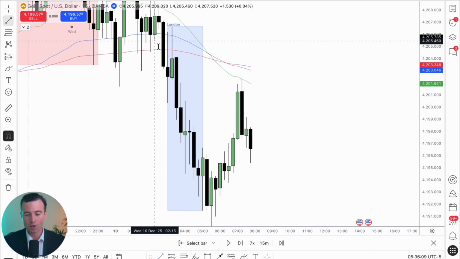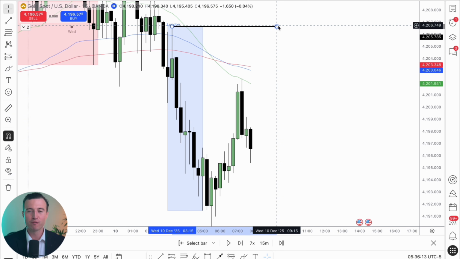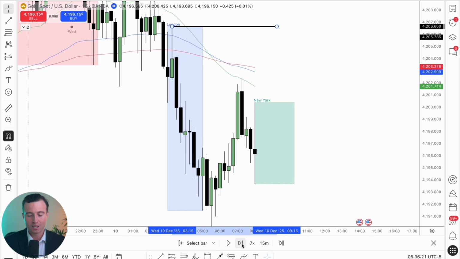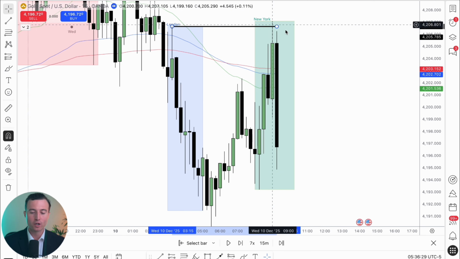And so we're expecting, or we want to see, we have no expectations, but we want to see the discount. We want to see London high taken out during or even before the kill zone, which is okay for a liquidity sweep. But it's vital to note that the confirmation has to occur during the kill zone.